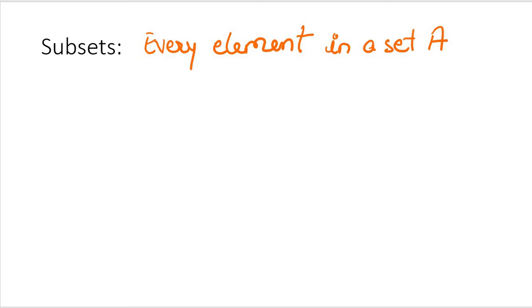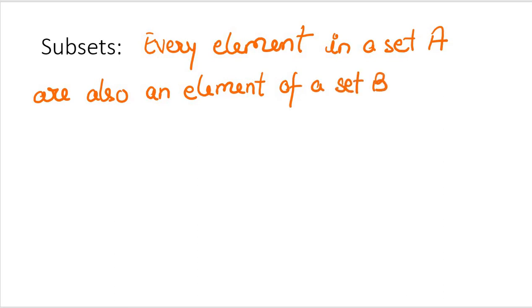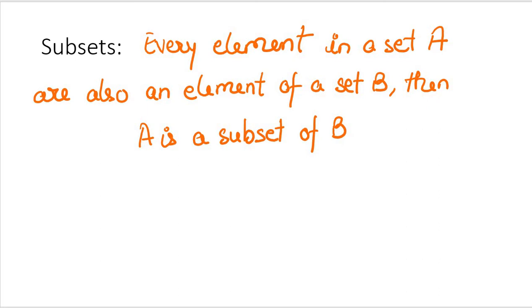If every element in a set, let's say A, is also an element of a set B, then your A is called a subset of B, and you can represent this by these symbols.